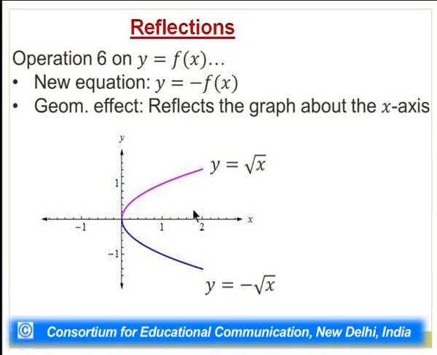So for example, if we start with the graph of y equal to square root of x again, then the graph of minus square root of x would just be a reflection of the original graph in the x-axis. So that is as far as the discussion of translations and reflections goes.